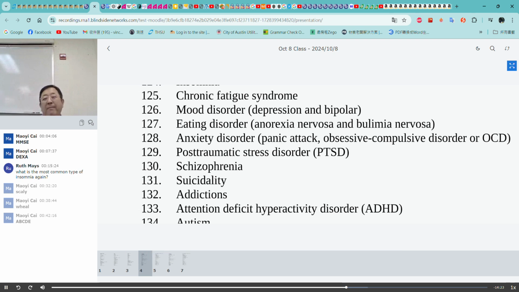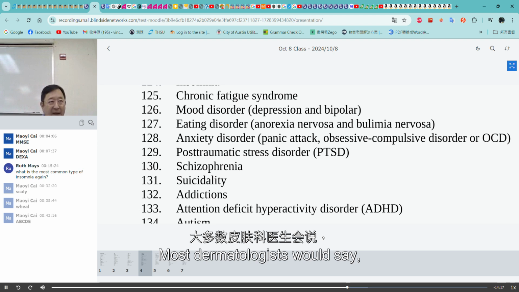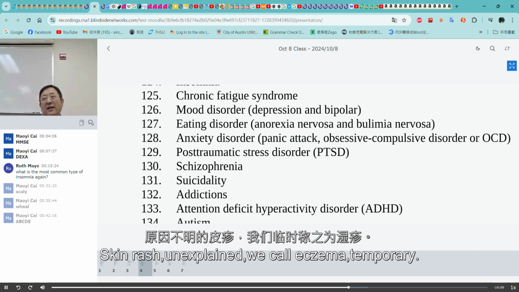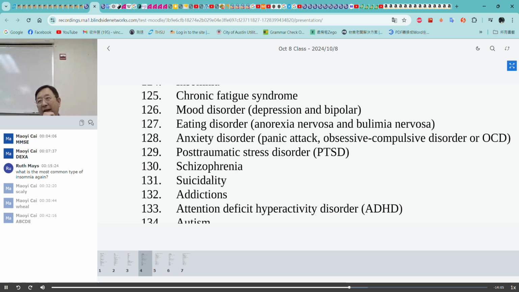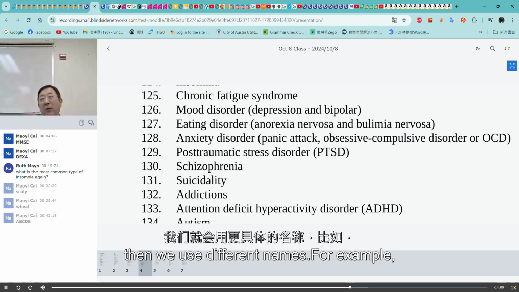What's eczema? See, eczema is a very vague term. Most dermatologists would say eczema is a term for temporary use for an unexplained skin rash. Skin rash, unexplained, we call eczema, temporarily. But if we can figure out exactly what it is, then we use different names.